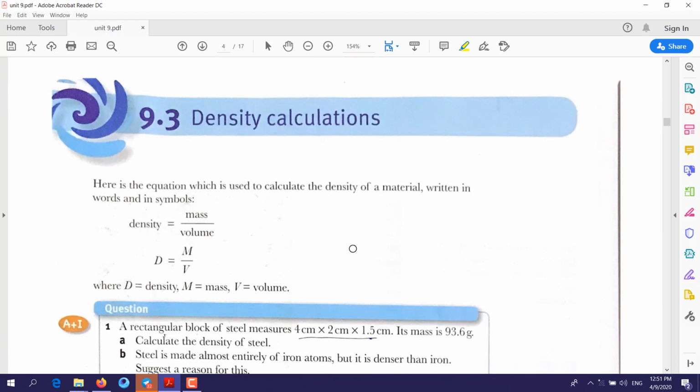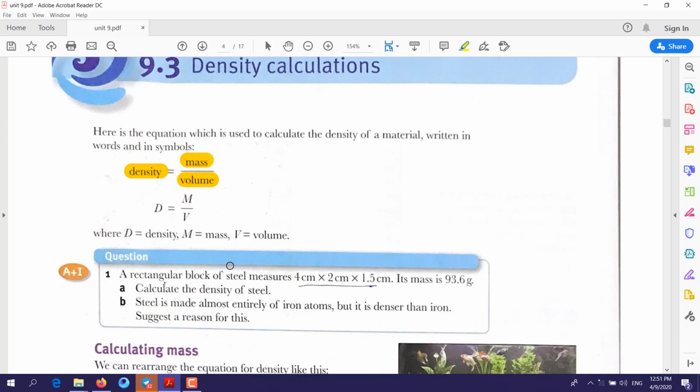Density calculations. To calculate the density, the first step is to write the formula. Second step, replace the words with numbers. Third step, don't forget to write the unit. The unit of density is gram over cubic centimeter.